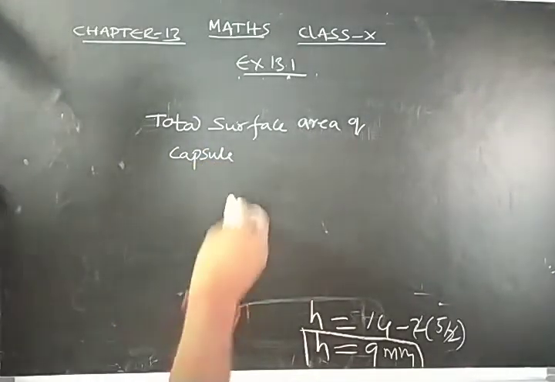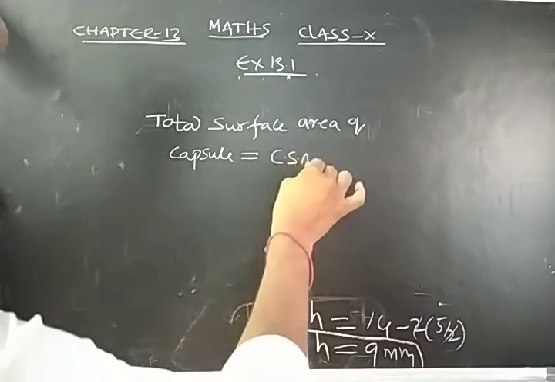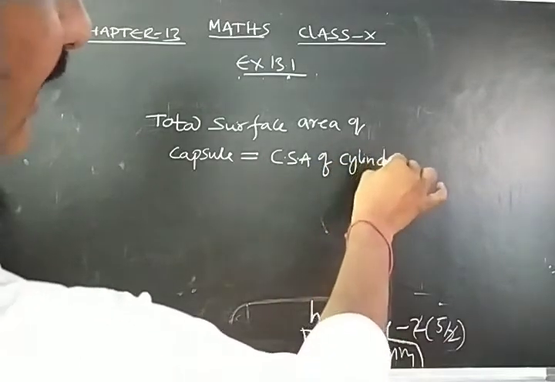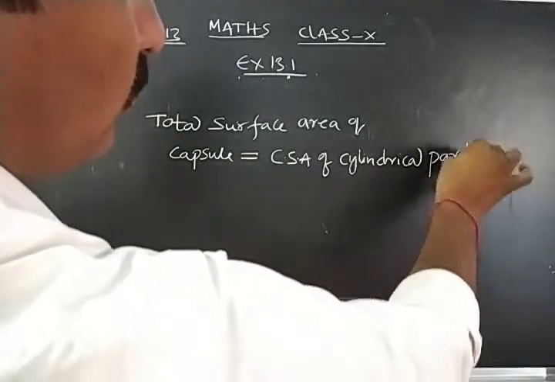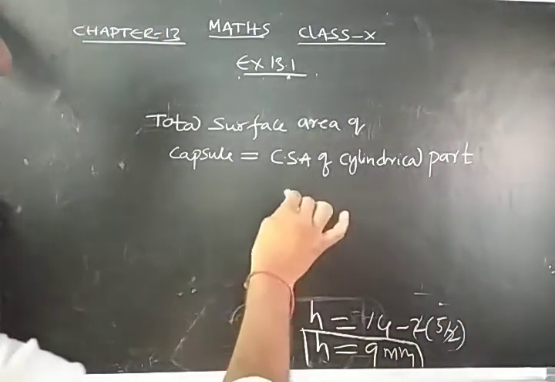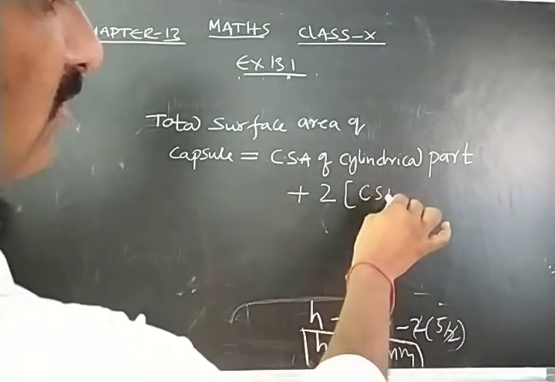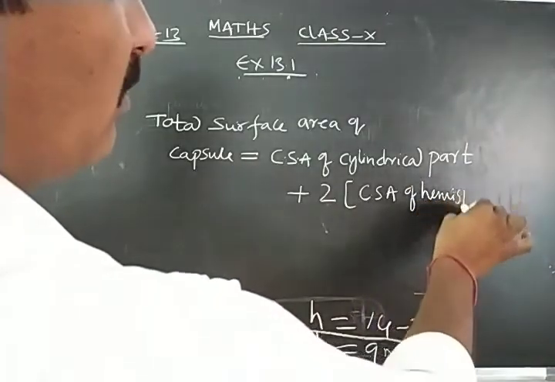Total surface area of the capsule is the CSA of the cylindrical part, to which I add twice the CSA of the hemispherical part.